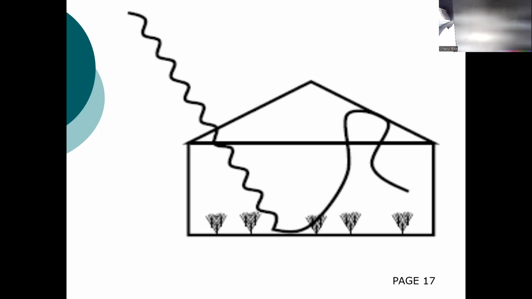So that small wavelength can make it through the glass and heat up the Earth's surface. But when those bigger wavelengths try to leave, they get stuck inside the glass. And that's exactly how it works in the actual atmosphere as well. The little wavelengths can make it in, but as the big wavelengths try to escape, they get stuck.